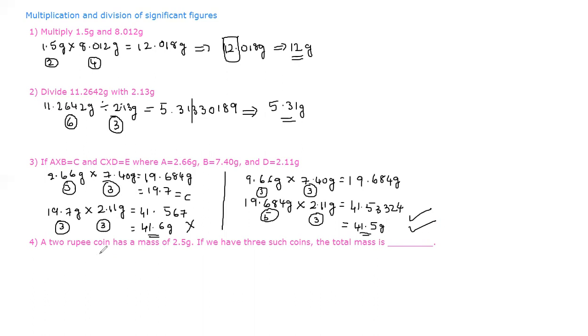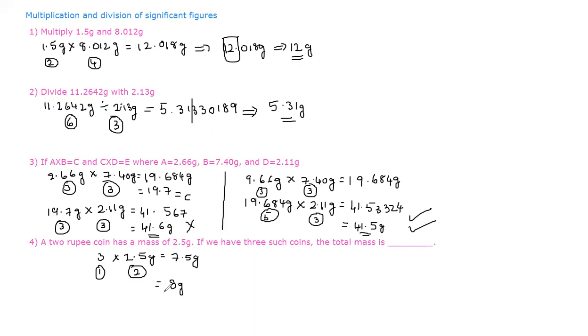So we write 3 into 2.5 grams, which is equal to 7.5 grams. As per the rounding of significant figures, you can immediately say here only 1 significant figure is there, whereas in this case 2 significant figures are there. So we have to round off the final answer to 1 significant figure, which will result in 8 grams.